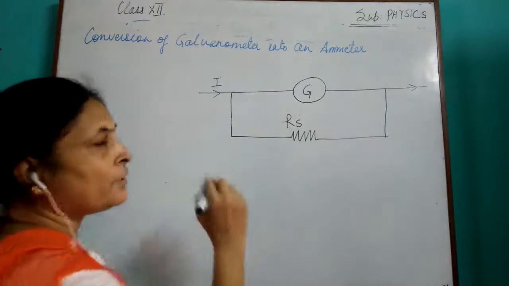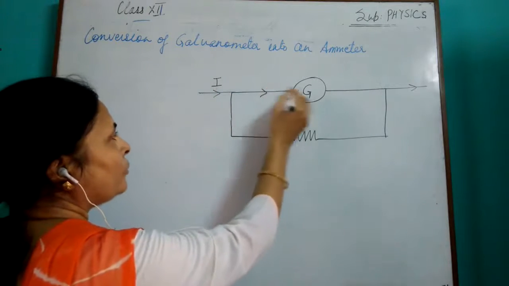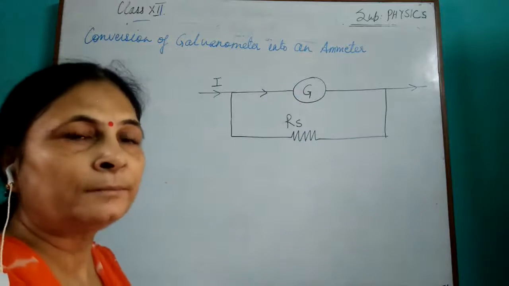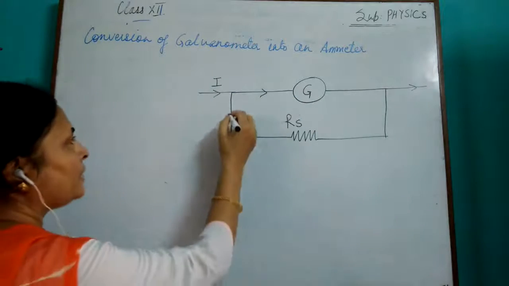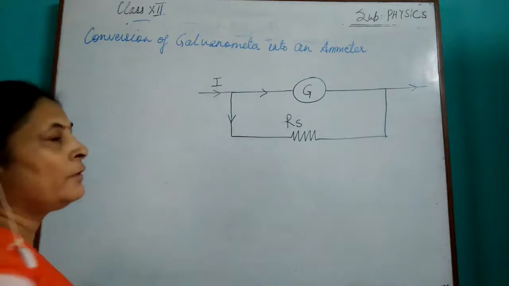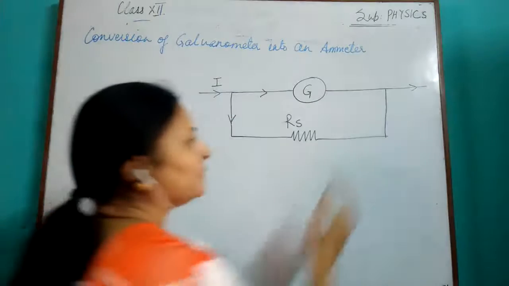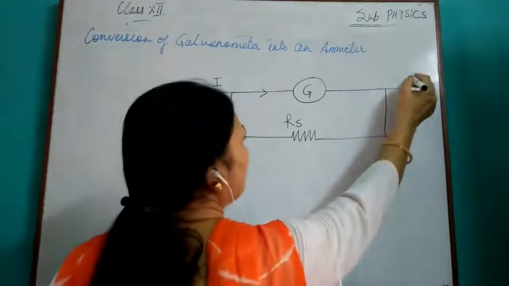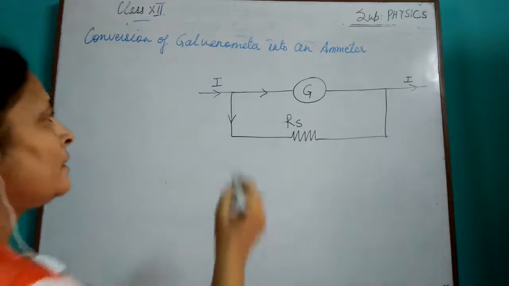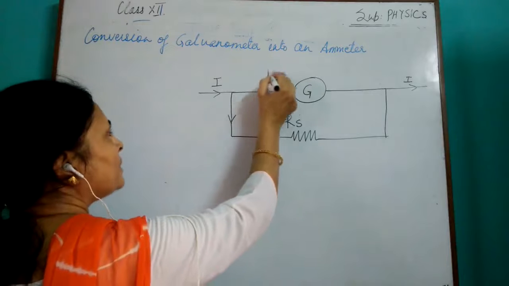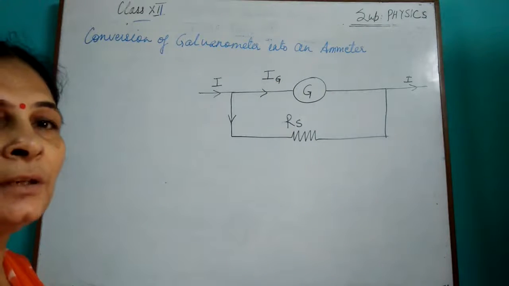See, now what will happen? Out of this current I, a part will flow through the galvanometer, whatever be its capacity, and the rest of it will pass through the shunt resistance, and the total current I will now come from here. Suppose the current flowing through the galvanometer resistance is Ig.